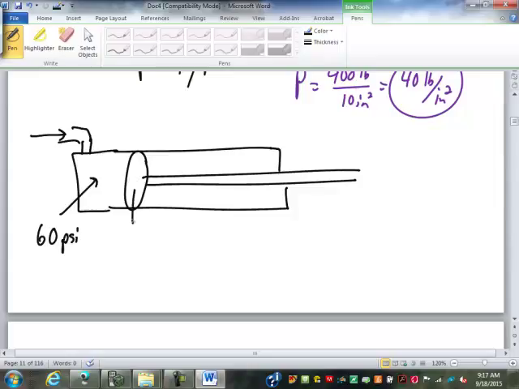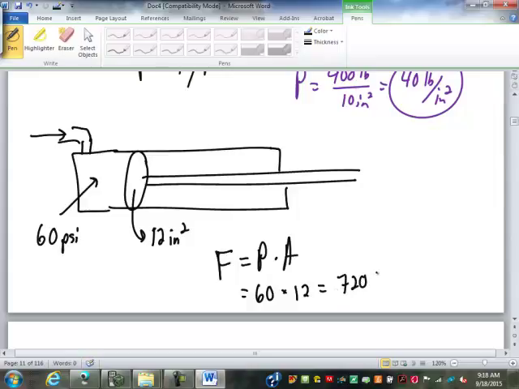And let's say that this here is a 12 square inch ram. That'd be about a 4-inch diameter ram. The amount of force generated is equal to the pressure times the area. So 60 psi times 12 square inches is going to give us 720 pounds of force generated.